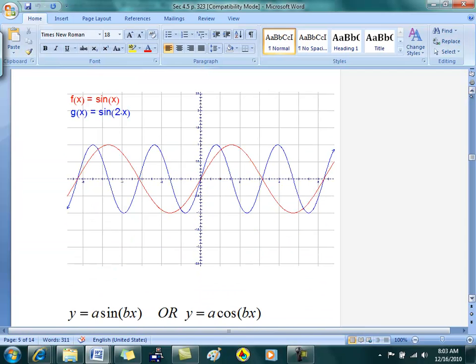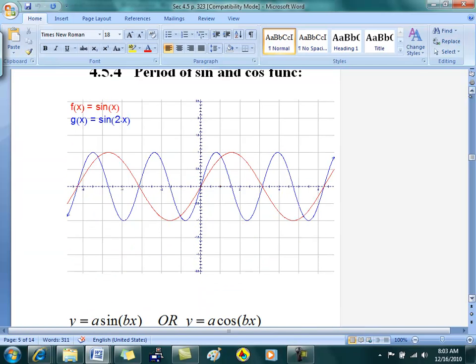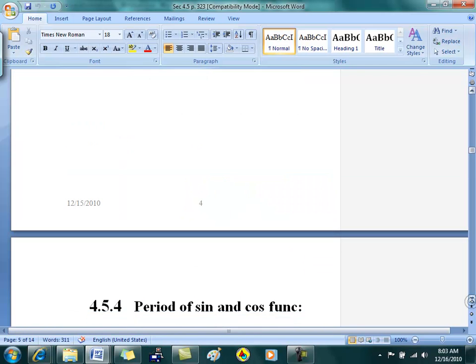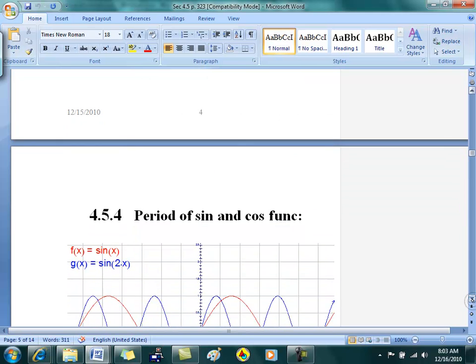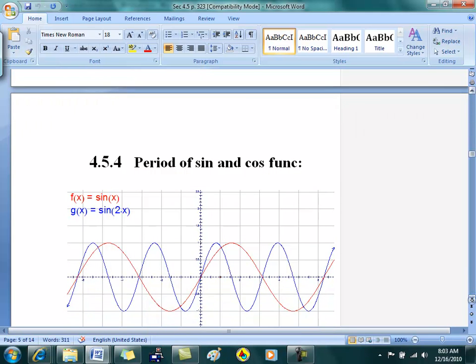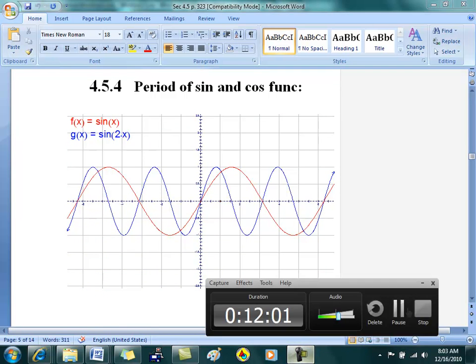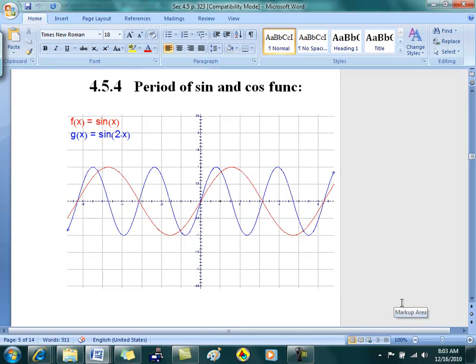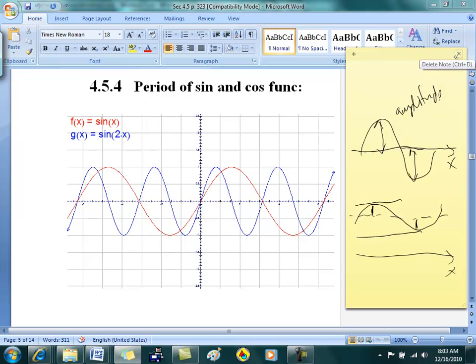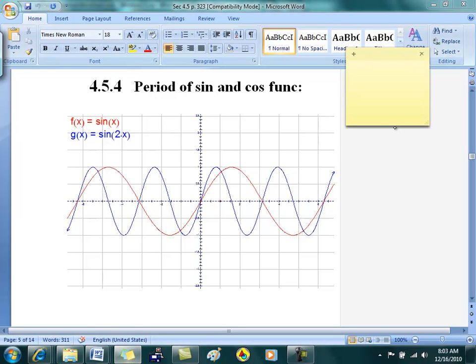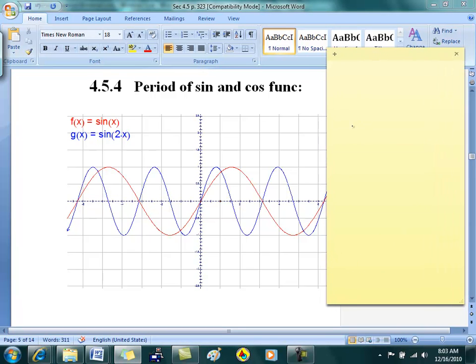Talk about the next concept, and that's the period of a sine and a cosine function. The definition of period is the duration of one cycle. What do I mean by duration of one cycle? It'll be whatever the dimensions are on the x-axis. Say I have a sine wave that looks like this.